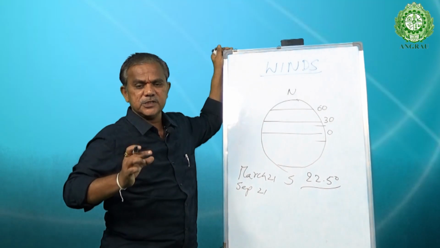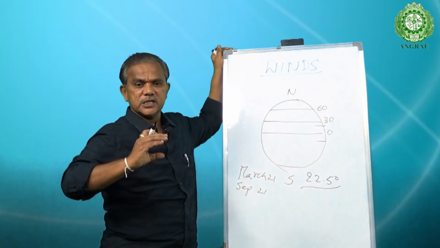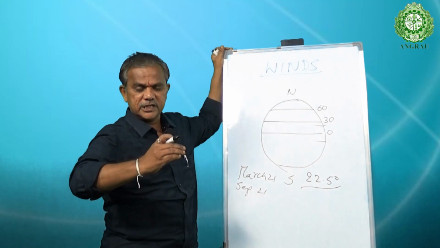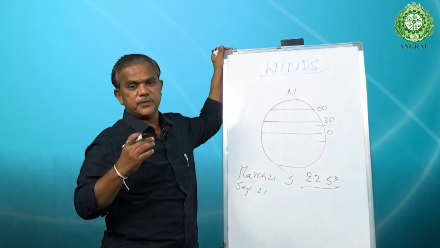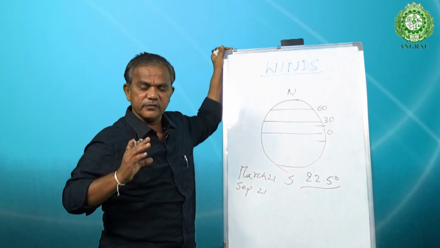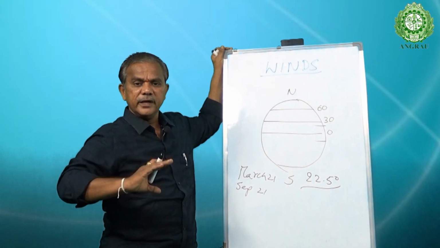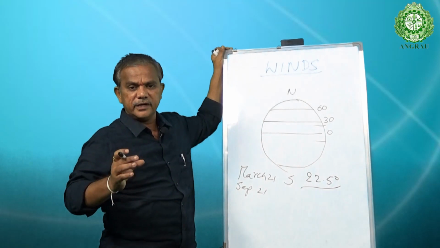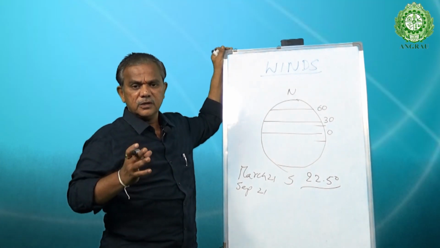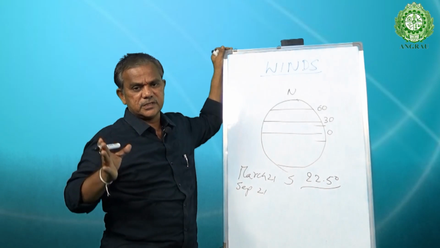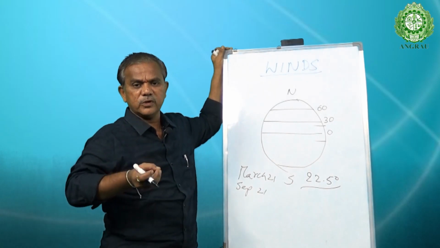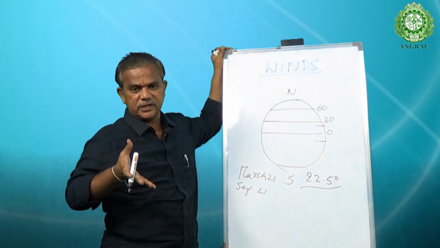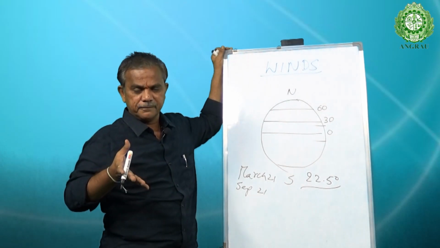So for almost 6 months the earth is exposed most to its northern hemisphere, and for the other 6 months it is exposed to the southern hemisphere. This way the quantity of radiation received is not uniform globally, and once the quantity of energy is not uniform, naturally there are other consequences. The more the radiation, the more the expansion of the air. Once air expands, the atmospheric pressure will be lower in nature.